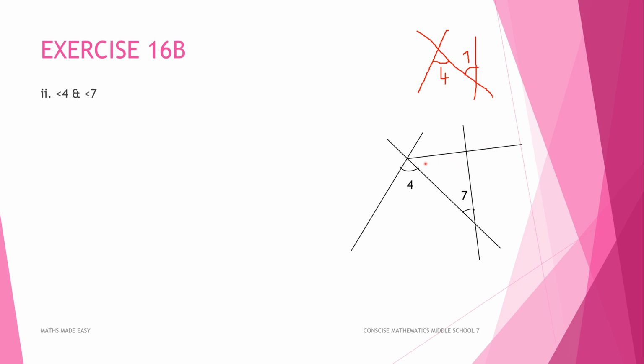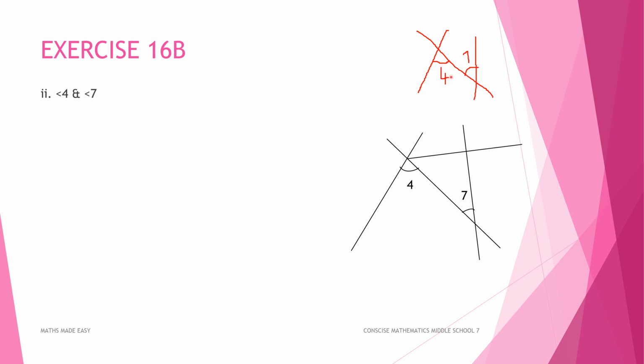So I've just removed this line for your clear understanding, right? Look here. So what is the pair of angles between this 4 and 7? This is what the question is.